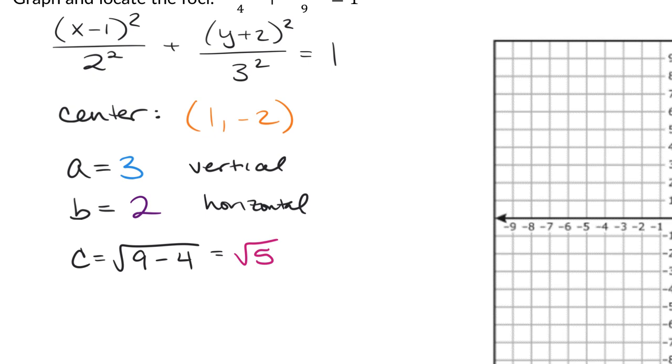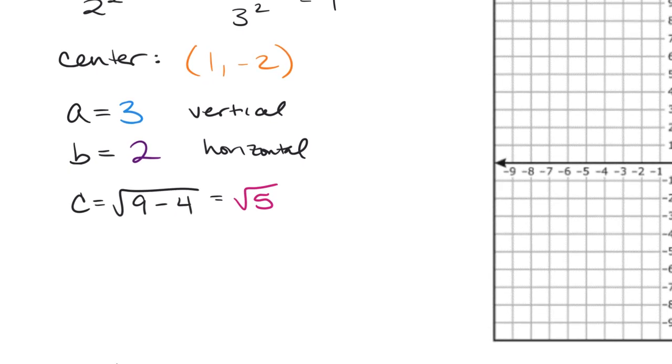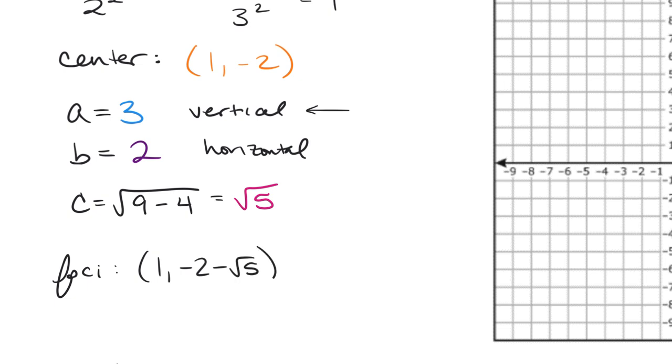Now, when I put this together to create the coordinate point for the foci, it's not just that c value like it was before, because we have to change the center that we are adding and subtracting from. We said that this is a vertical ellipse. So we need to add the foci value to the vertical coordinate, meaning we will have foci at 1 comma negative 2 minus square root 5, and at 1 comma negative 2 plus square root 5.